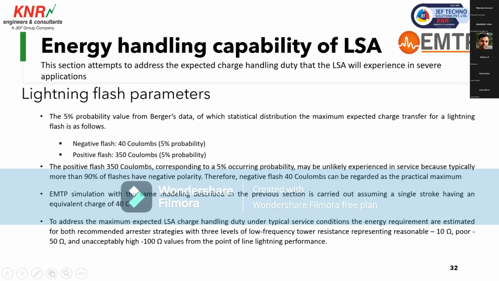We verify all these conditions. 10 ohms represents a very good footing resistance, 50 ohms is a poor condition, and 100 ohms represents an unacceptably high tower footing resistance. In all these conditions, we verify whether the arrestor is able to withstand a maximum probable charge of 40 coulombs.